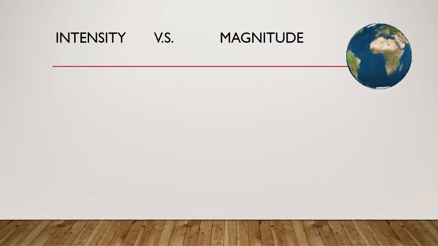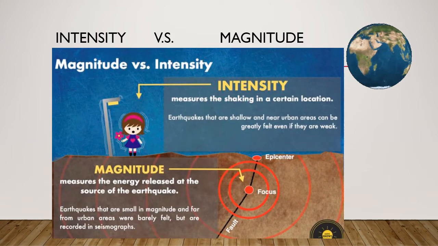Let's now try to differentiate intensity versus magnitude. Try to study the picture below. When you say magnitude, it measures the energy released at the source of the earthquake, or what we call the focus, or the hypocenter.